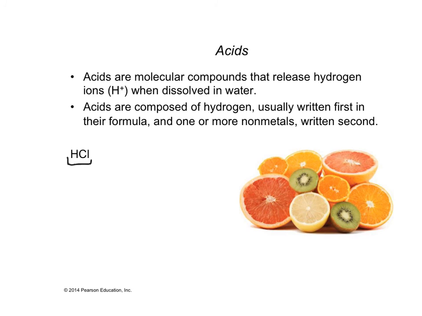It's composed of two or more nonmetals. H and Cl are both nonmetals. But these acids, when you put them in water, instead of staying molecular, actually act as if they were ionic. They break apart into ions. So again, what are acids?